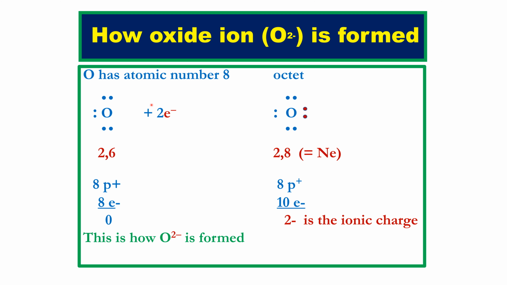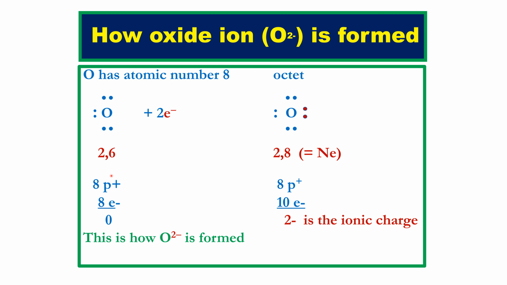When oxygen gains 2 electrons, it will achieve the octet arrangement, and it will have the electronic configuration: 2 electrons in the first shell and 8 electrons in the second shell. This configuration corresponds to that of neon, which is a noble gas.